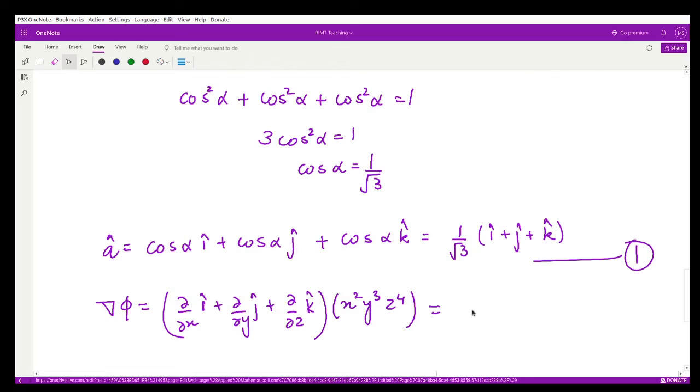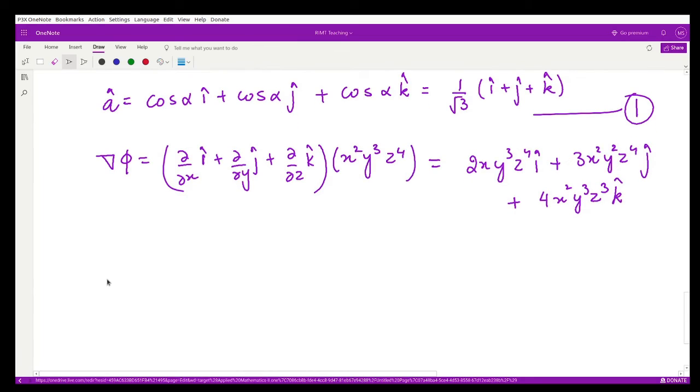This comes out to be equal to 2x y cube z power 4 i cap plus 3x square y square z power 4 j cap, and then with respect to z it would be 4x square y cube z cube k cap. I hope you know how to calculate the partial derivatives. Okay, this is the gradient.